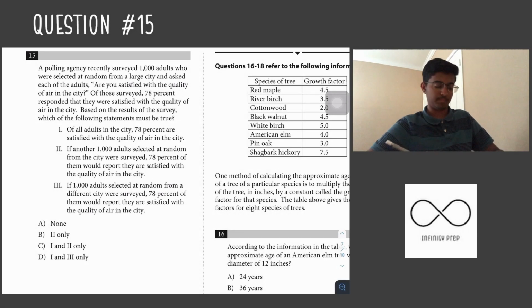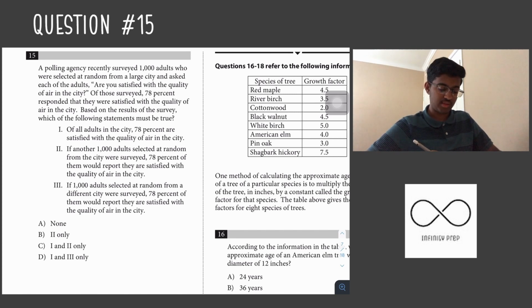Question number 15. A polling agency recently surveyed 1,000 adults who were selected at random from a large city and asked each of the adults, are you satisfied with the quality of the air in the city? Of those surveyed, 78% responded that they were satisfied with the quality of air in the city. Based on the results of the survey, which of the following statements must be true? 1.